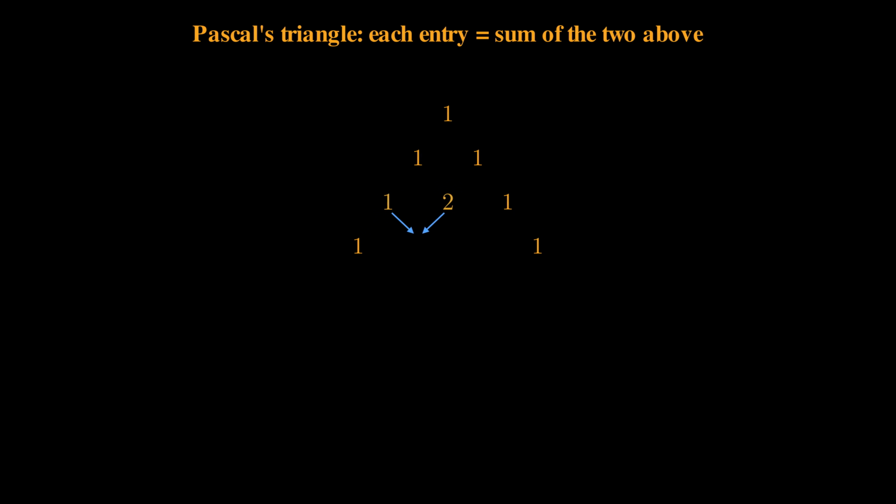Row 4 now. The ends are 1. The next entries are 1 plus 3. That's 4 on each side, and the very middle is 3 plus 3, 6. Then row 5 falls out the same way. 1, 5, 10, 10, 5, 1.